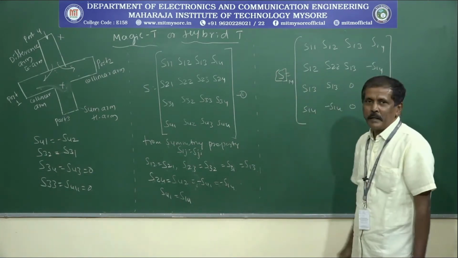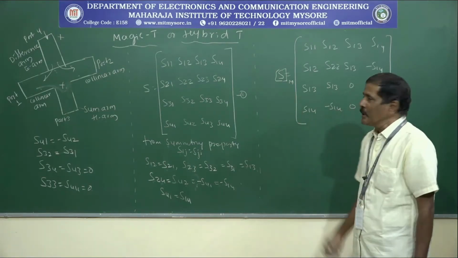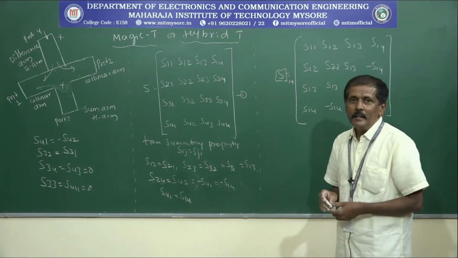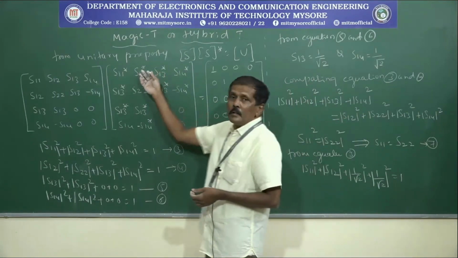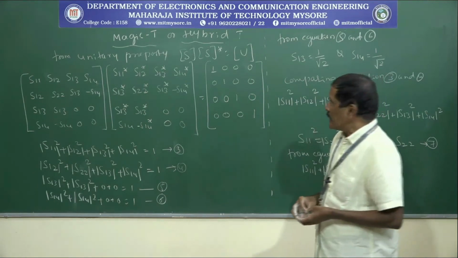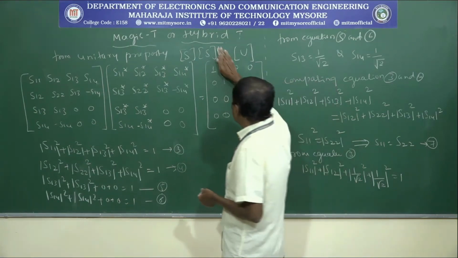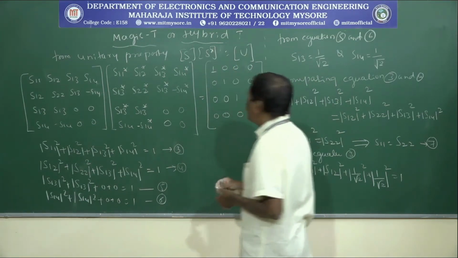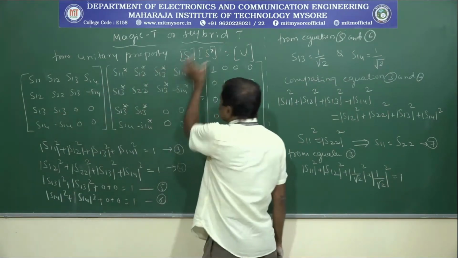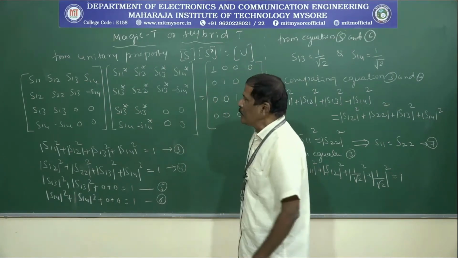Once you get this S matrix, we have to simplify it further to get the input signals and the output signals. Now, from the unitary property of S parameters, we can write S S star is equal to U. The S matrix is written here, its complex conjugate is written here, and at the right hand side you write a unitary matrix.